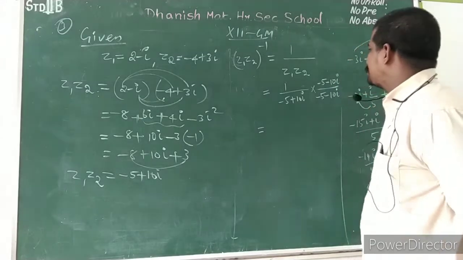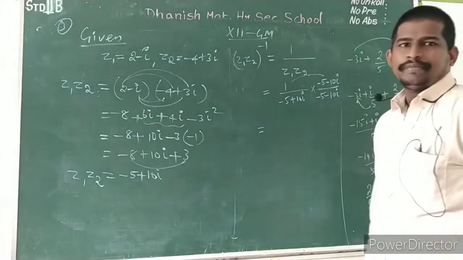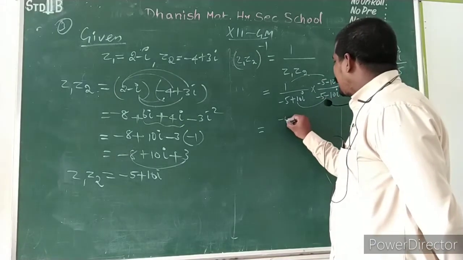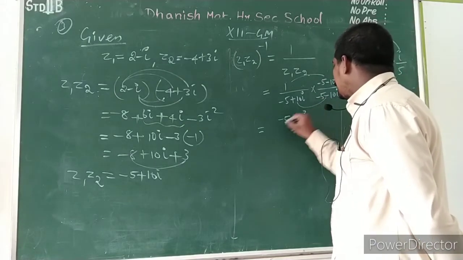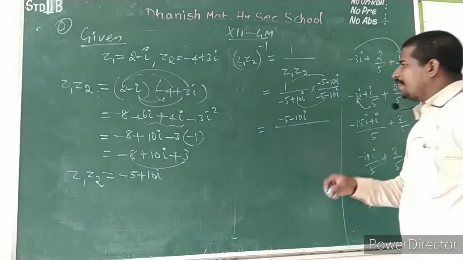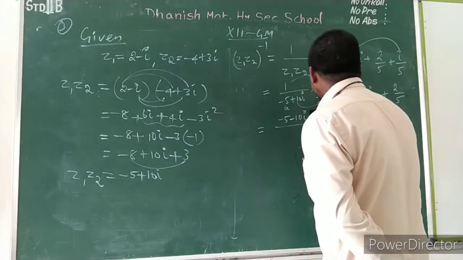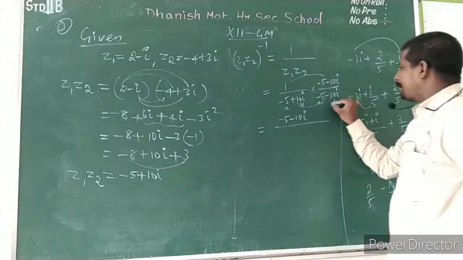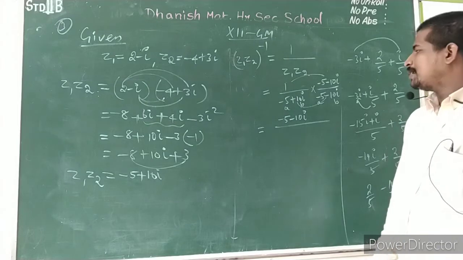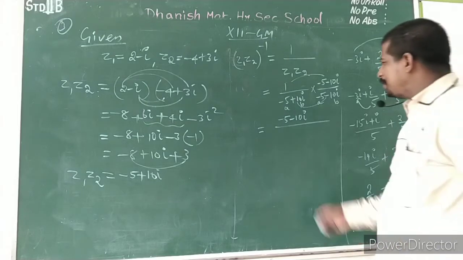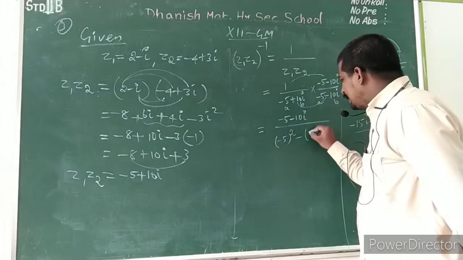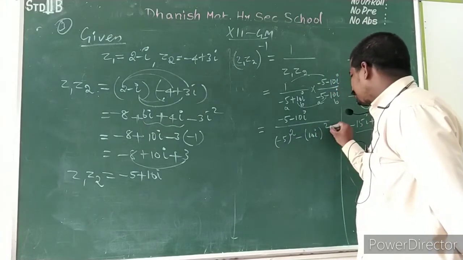Now this is equal to, now I am going to multiply these two numerators as well as denominators. 1 into this, minus 5 minus 10i divided by, here look at the denominator. Here we have a as minus 5, b as 10i. So I am going to apply the a plus b into a minus b formula. So a plus b into a minus b equal to a square minus b square.